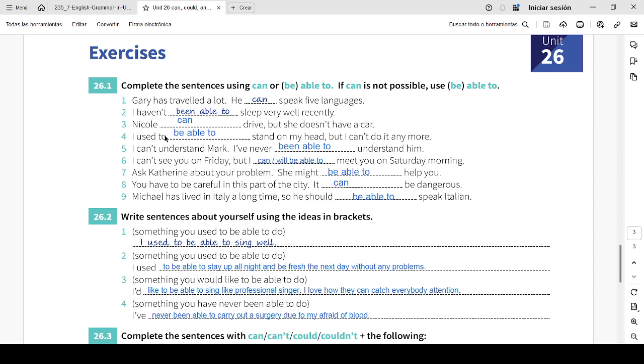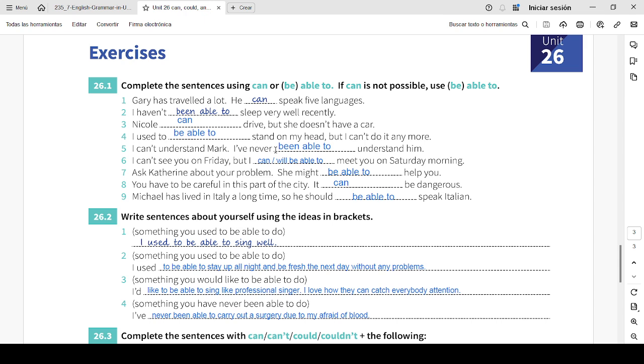Because can is a modal, it's not a verb. So after "to" always goes a verb in infinitive form. So that's why we use be able to, right? Number five is the same. We're talking about "I have never been able to." So in this example, we need to use the present perfect, and that's why we cannot use can.